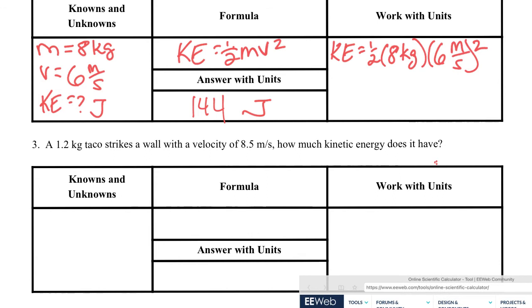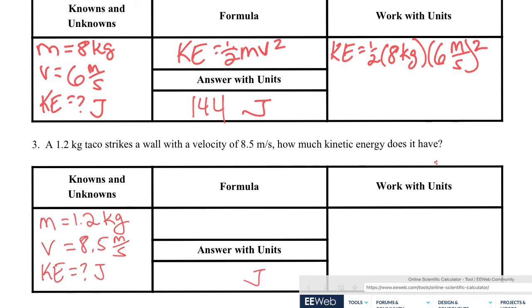A 1.2 kilogram taco strikes a wall with a velocity of 8.5 meters per second. Why would they do that to the taco? That makes me sad. How much kinetic energy does it have? All right, we see that it's 1.2 kilogram, and we can look at our table of friends, we know that that's m, the mass, and v is 8.5 meters per second, and kinetic energy is question mark.